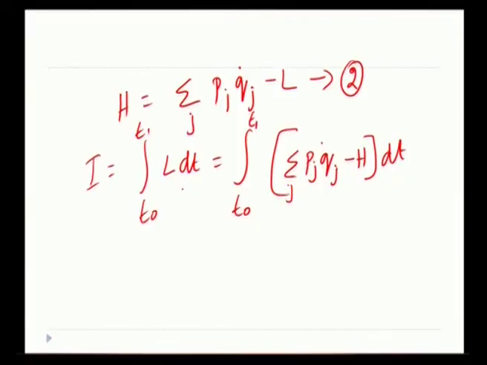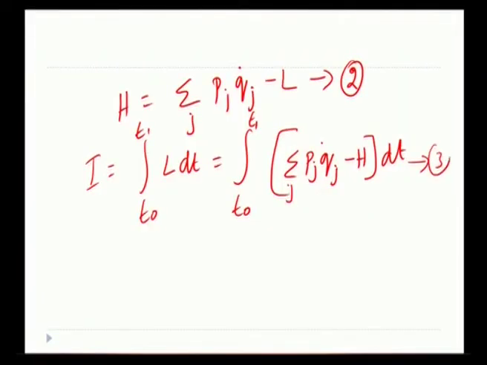So, we obtain the value of L from the definition of Hamiltonian, and we are substituting that in the action of the particle. We got an expression like this. Keep this as equation 3.